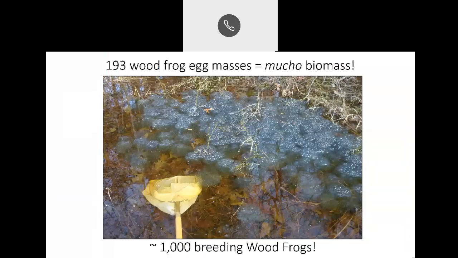Next slide. Here's what I was particularly interested in. This is a large raft or aggregation of wood frog egg masses. Each mass represents one female or mama wood frog.